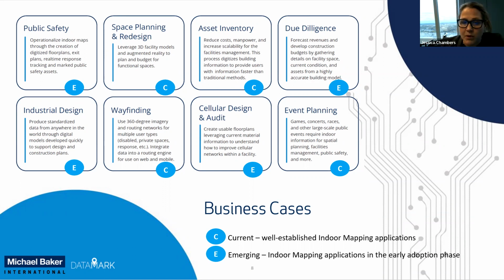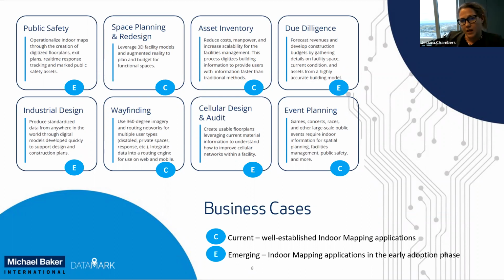And then some of the emerging areas that we have here are public safety, the due diligence. So surrounding due diligence is really a lot of the ability to simulate or forecast based on existing environments. Industrial design is another area where we want to produce data to really rapidly develop our design and construction plan.